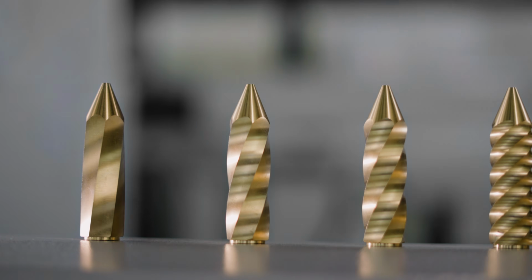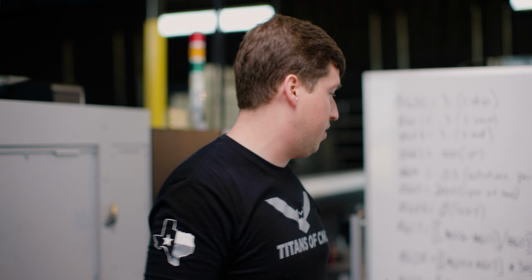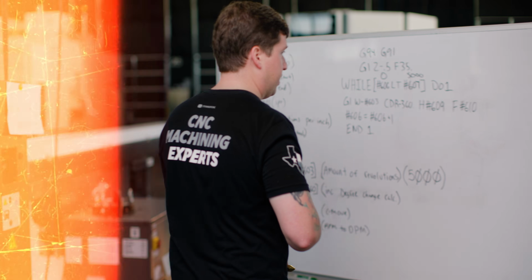But what's even cooler is when you watch this in real time. So I'm actually gonna press start and we're gonna watch these macros run in real time. You'd be blown away at how fast this actually happens. So let's check that out.